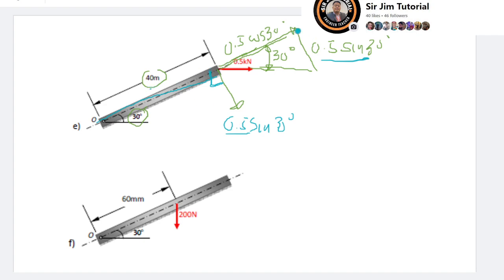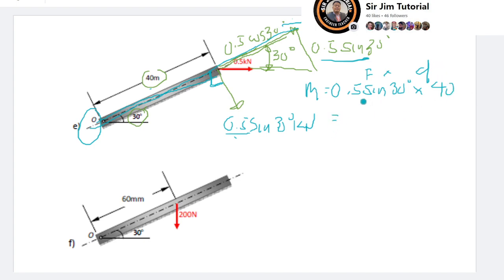While this one, again, the force is along the line of rotation, so the moment generated by this force is zero. So we only use this one, 0.5 sine 30 degrees. This is the force multiplied by the distance, which is 40. The force here is in kilonewtons and the distance is in meters.